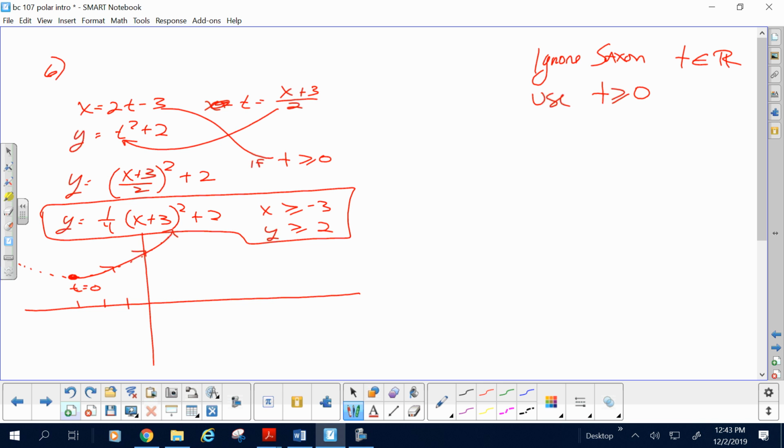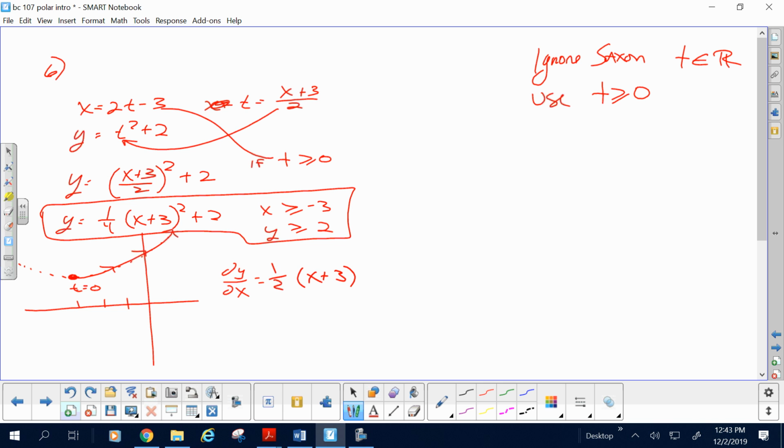Last thing we need to do is find dy dx. I don't care if you find dy dx in terms of x or t. If I found dy dx based on my eliminated-parameter form, what's dy dx? The derivative of this is 1/2 times x plus 3.